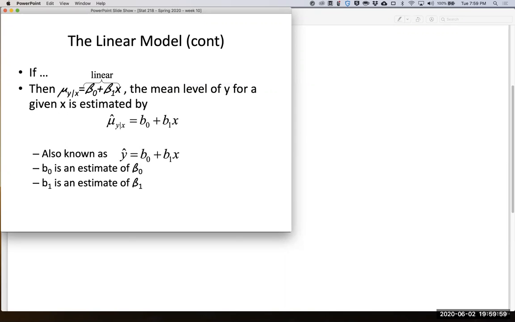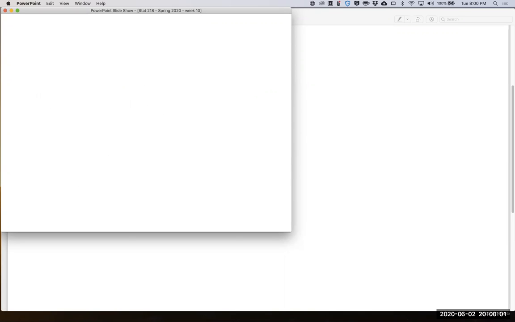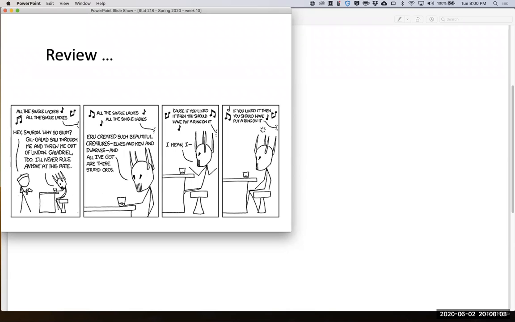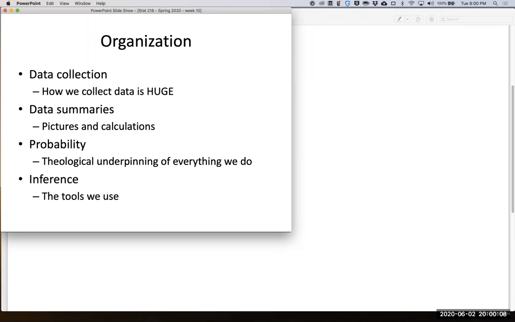We're good to go. Last thing I want to mention is, by way of review, the slides online are a list of things that I typically go through and things you should check off. Do you know that the way you collect data is important? Can you calculate things like a histogram? Show me one.